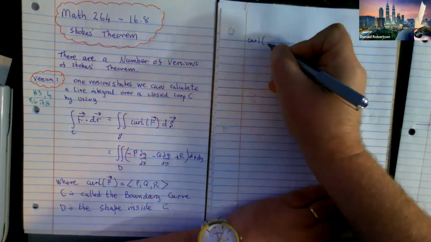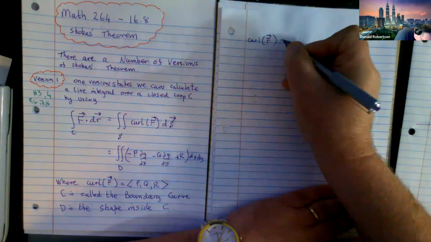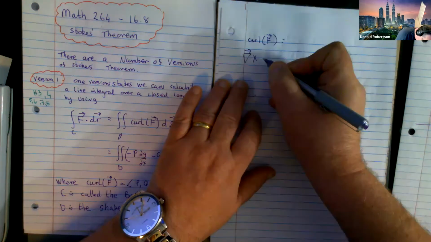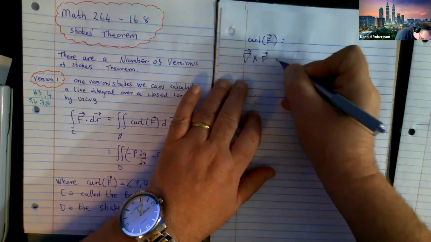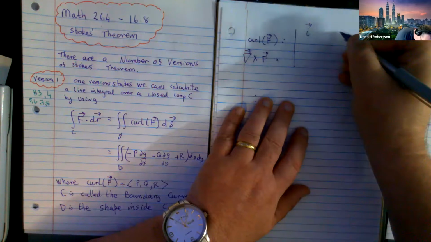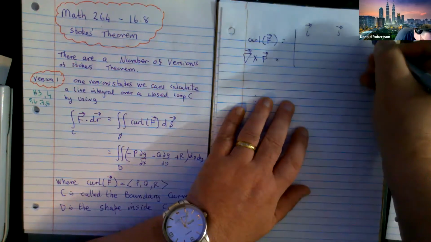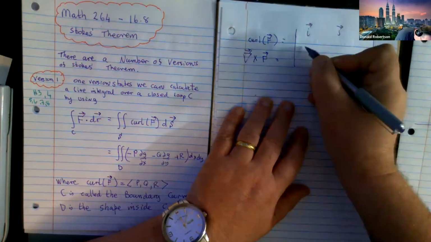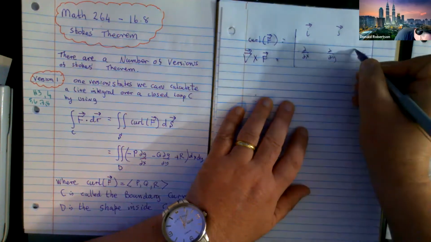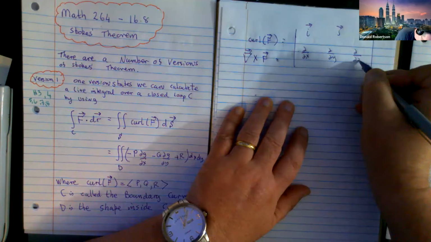To get the curl of F, we are going to do the cross product of the gradient with F. So there's going to be an i, a j, and a k. The operator for the grad is d by dx, d by dy, and d by dz.